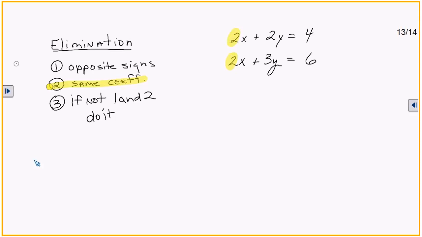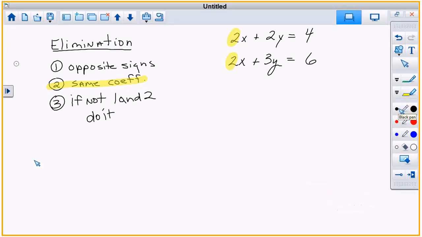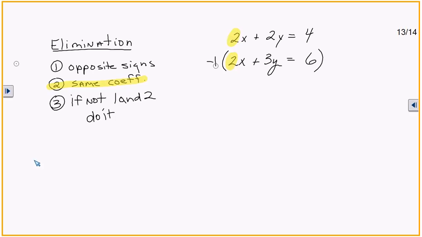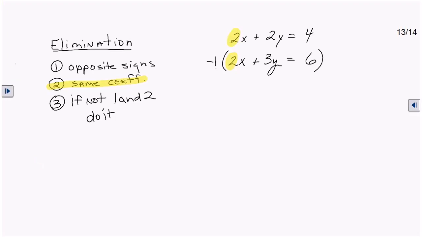I don't have opposite signs, so I need to make it opposite signs. So I'm going to multiply the bottom or the top, doesn't matter, times negative 1. Why? Because I want these 2's to be opposite signs. So I'm going to rewrite the top.